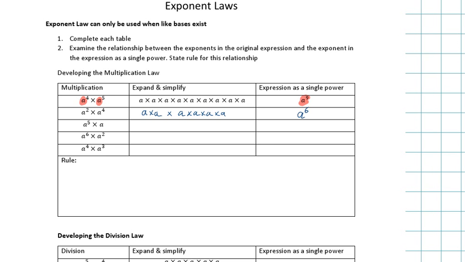How about here? What's the power for this one? 1, a to the power 6. If I want to write it expanded, I have 5 of them first and then multiplied by a. So that will be a to the power of 6.